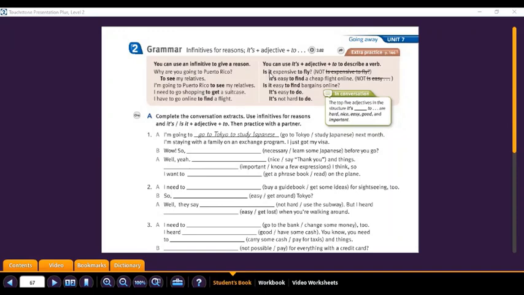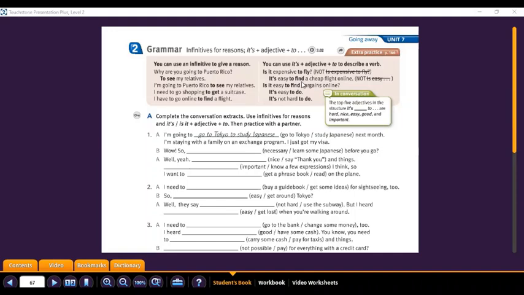Aquí nos está ayudando a describir el verbo, que si es muy caro viajar, volar en avión. It's easy to find a cheap flight online. It's easy, tenemos el adjetivo, to find a cheap flight online, que si es fácil encontrar.